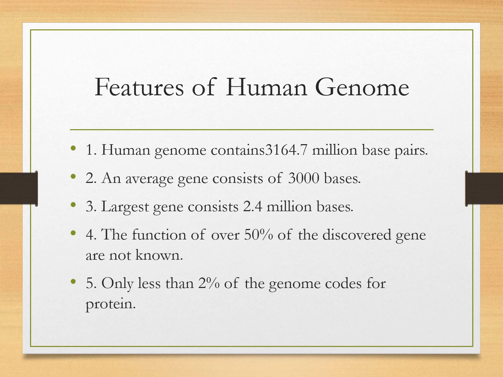Features of the human genome. First, how much work is done in this project. So the findings are: human genome contains 3164.7 million base pairs, and an average gene consists of 3000 bases, and the largest gene consists of 2.4 million bases.